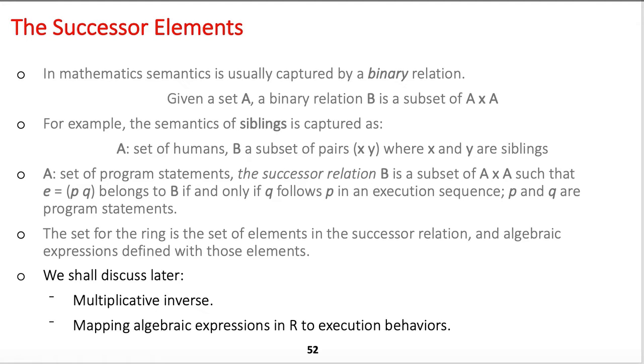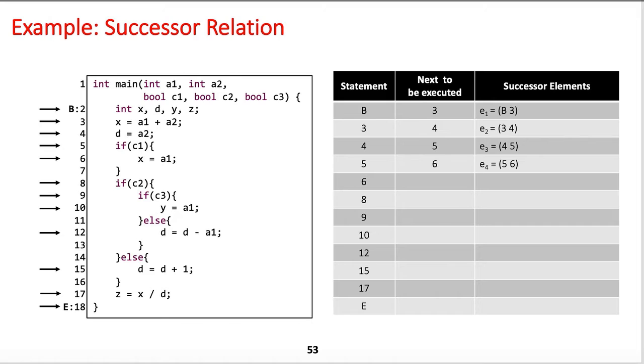First, we'll talk about addition and multiplication. Later, we'll talk about the multiplicative inverse and the multiplicative identity. So let's start with a simple example. The DBZ example that we looked at earlier.